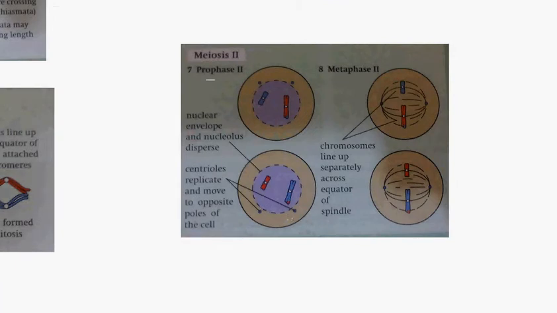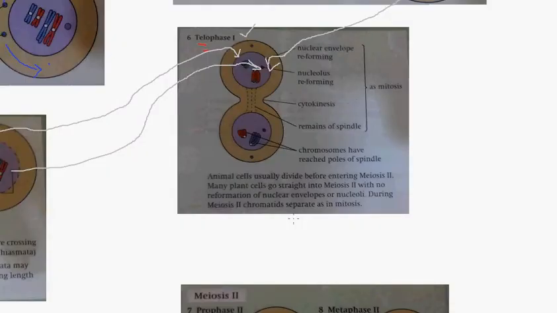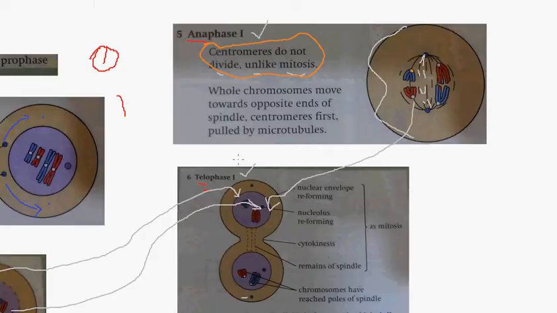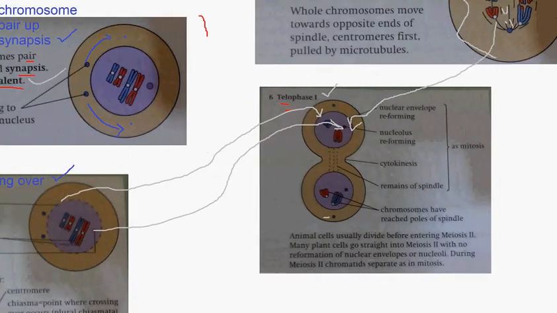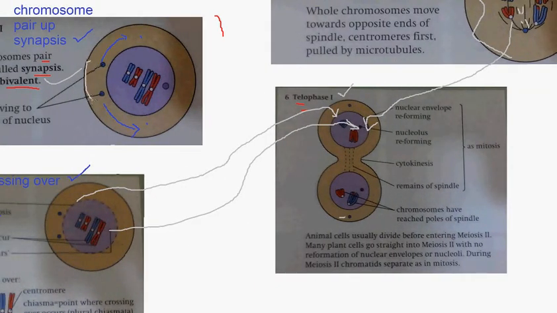Remember that here they have to replicate, because why? They were already one centriole over here, because we had two, right? Remember, we had two centrioles. They got divided, they become one. You can see here only one centriole, right?